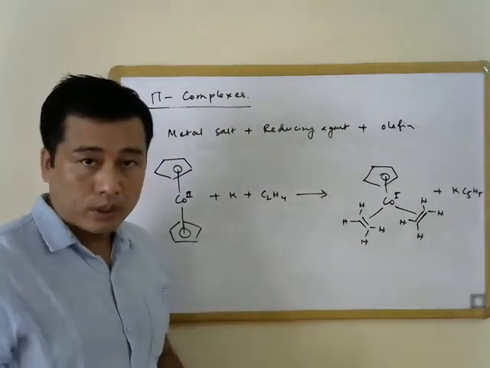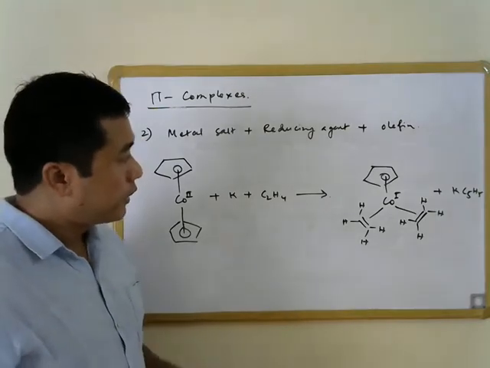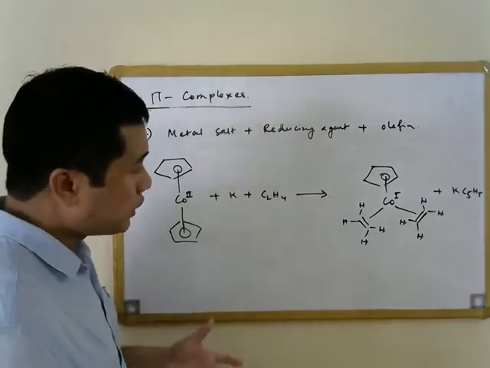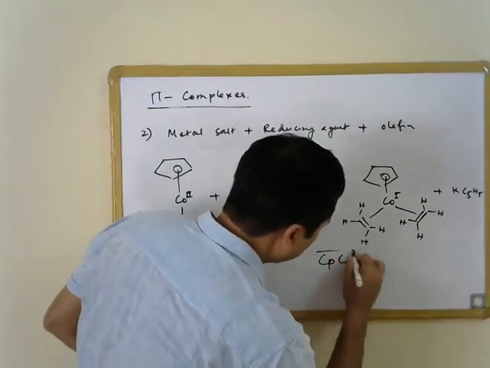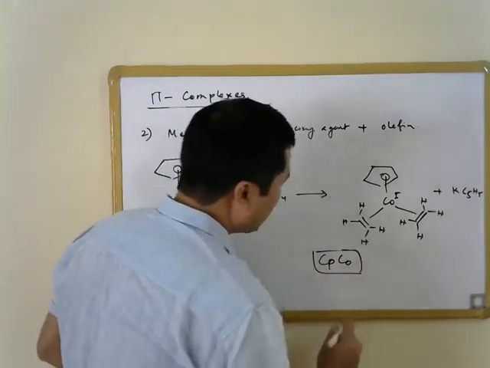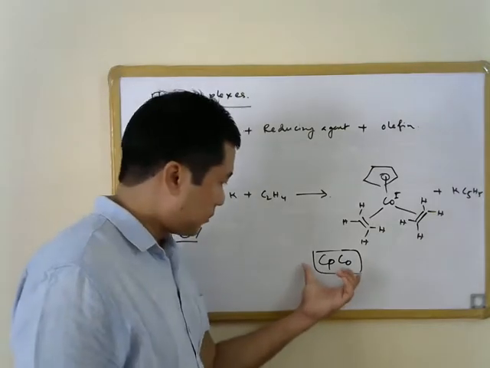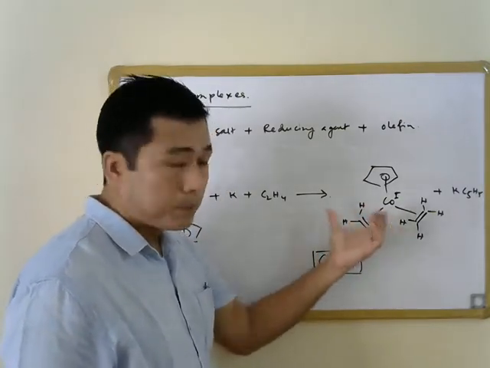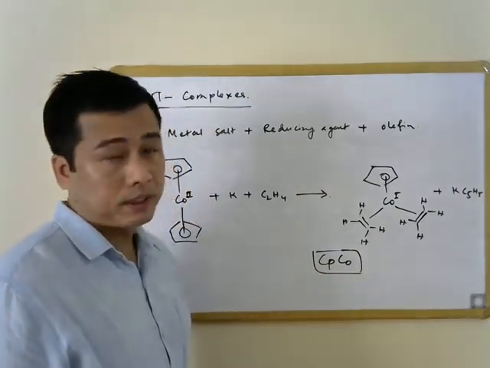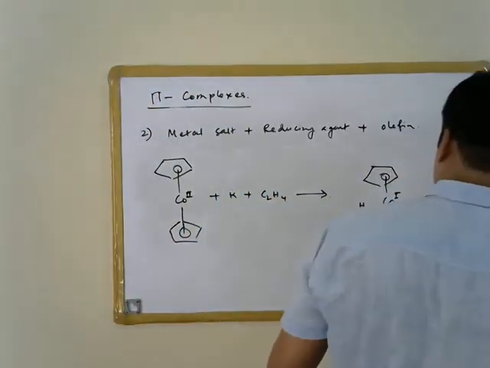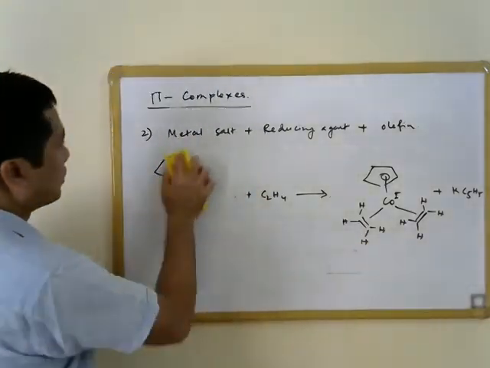In fact, this particular compound is a very useful CpCo transfer agent, because you can use this to transfer this particular fragment. This complex can be used as this fragment transfer agent in different organometallic reactions.